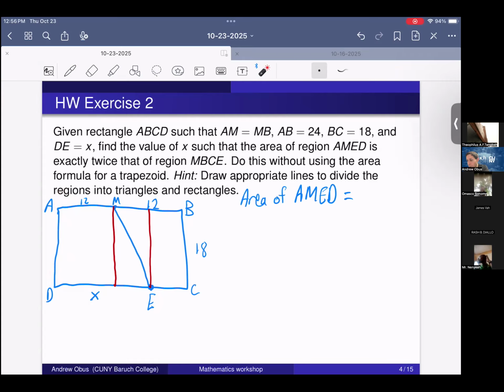So the area over here, I'll use green for areas, area equals 18 by 12, right? So whatever that is, that's 216. That's this piece.